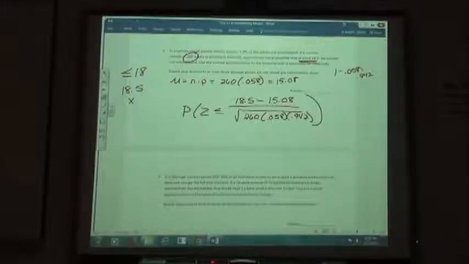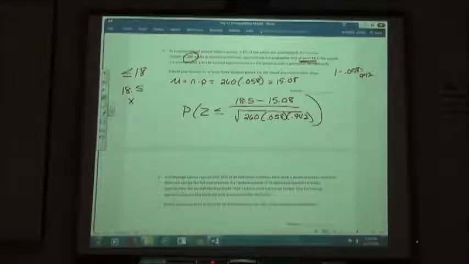Okay, and then we're going to do our top, 18.5 minus 15.08. We're going to highlight that and then do the dividing. And underneath we'll do our square root. So our square root of 260 times the 0.058 times our 0.942 equals.